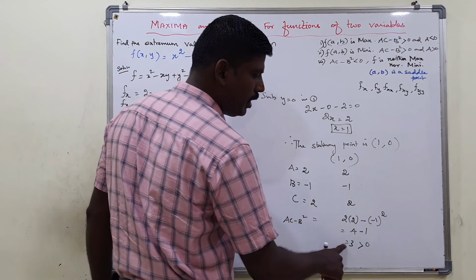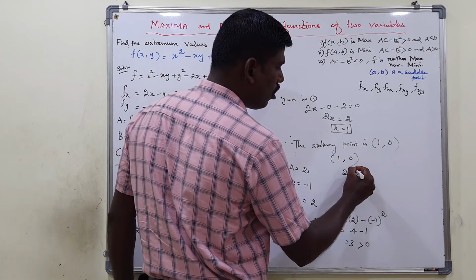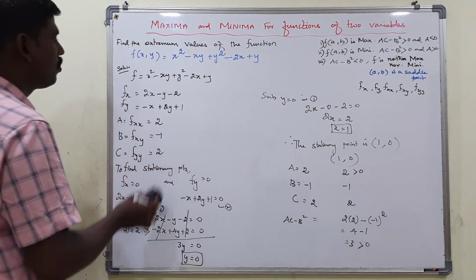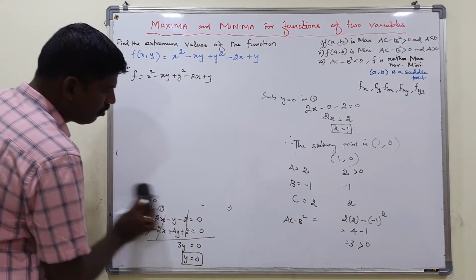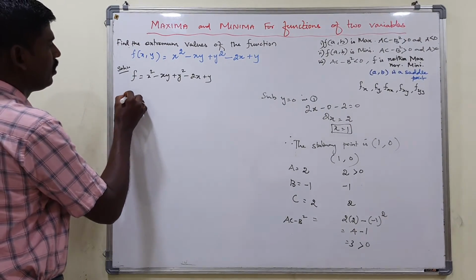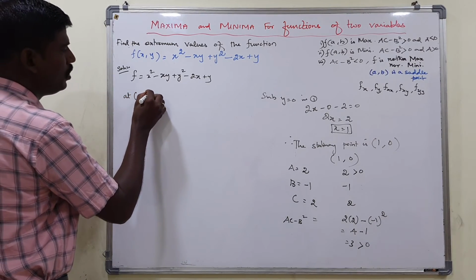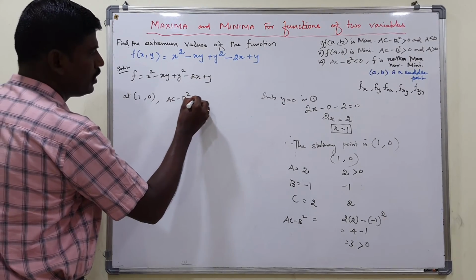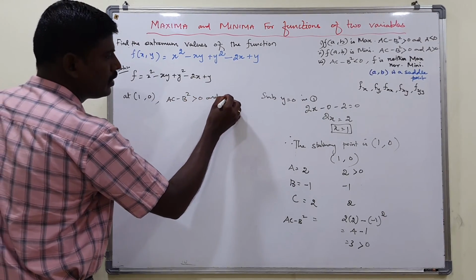So the value of AC - B² is greater than 0, and also A is greater than 0. So what do we conclude from that? At (1, 0), AC - B² is greater than 0 and A is greater than 0.